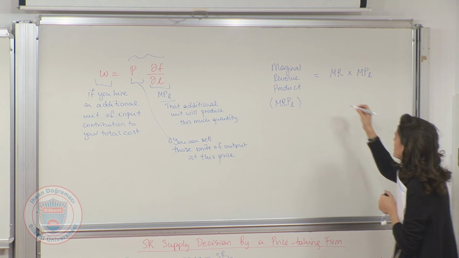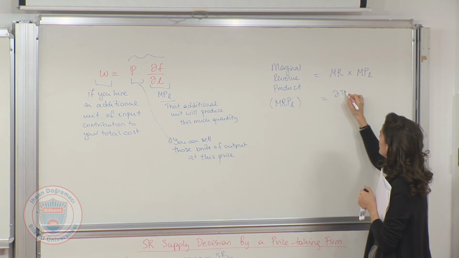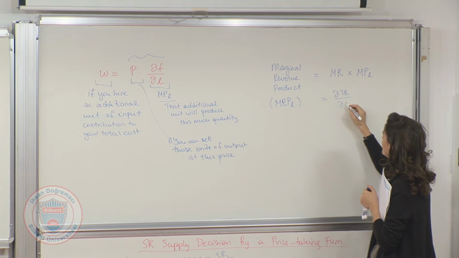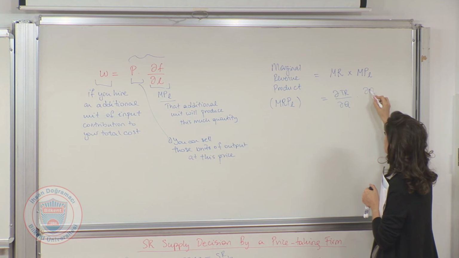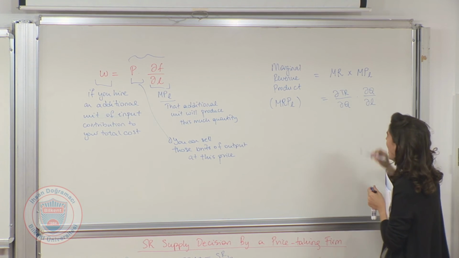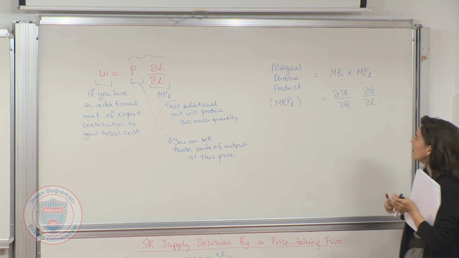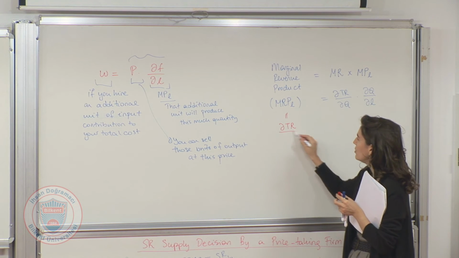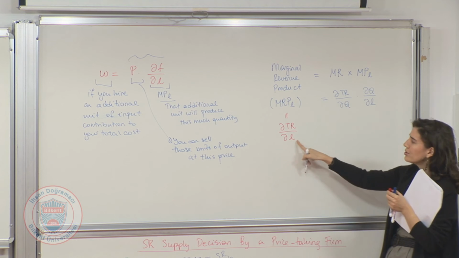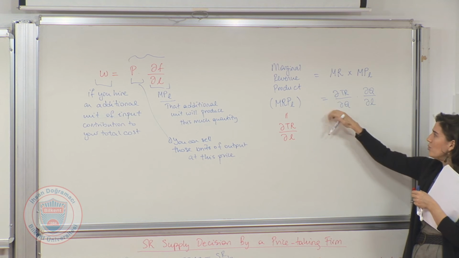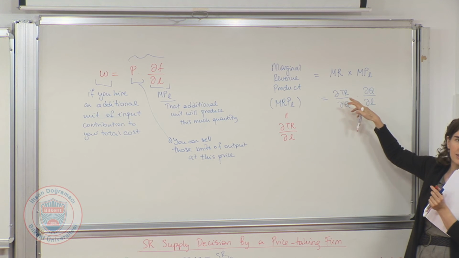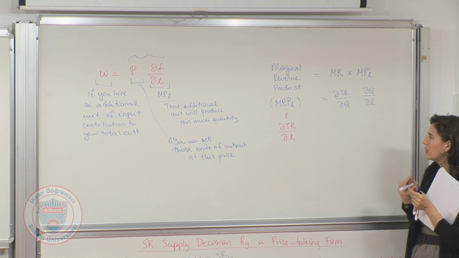So basically it's something like this. Marginal revenue is del total revenue over del Q, and this is del Q over del L. So marginal revenue product is basically del total revenue over del L. To reach this derivative, you go through the quantity, so you can write it like this.